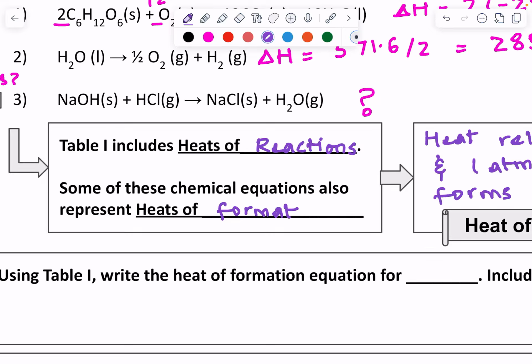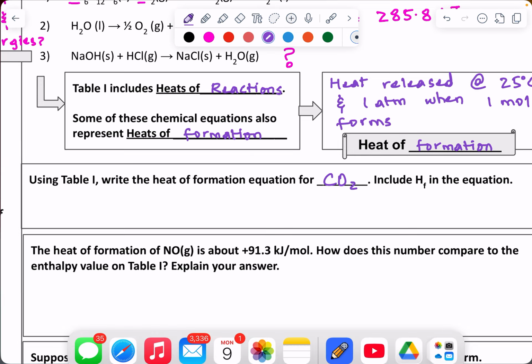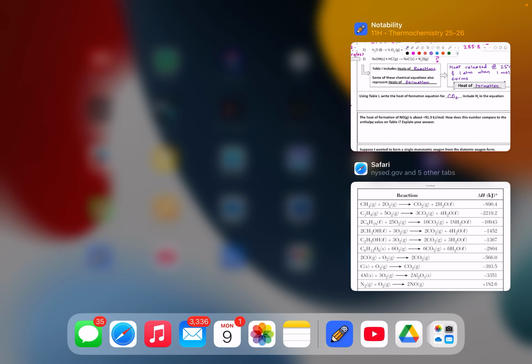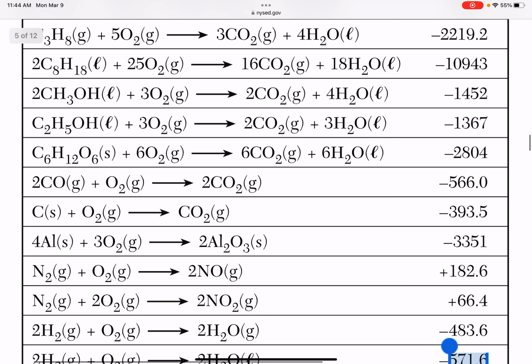So let's look at some examples of the heat of formation that we can find in Table I. Let's say we are looking at the molecule carbon dioxide. Let's use Table I to write down the equation for the heat of formation of carbon dioxide. So I do see carbon dioxide over here.